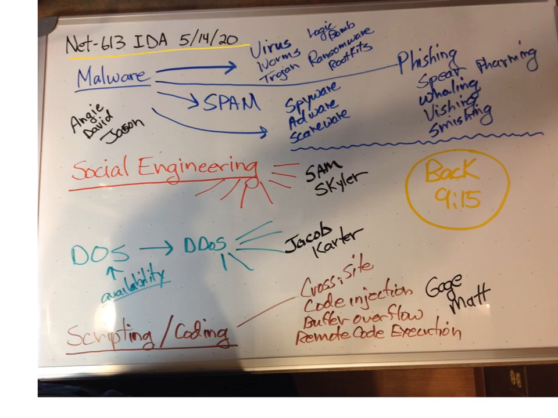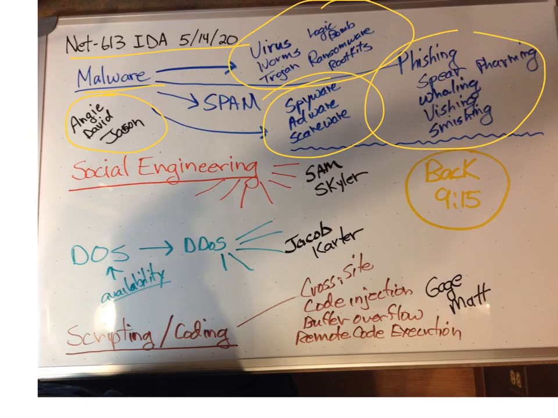Here, what we did was we split up. People did a little research on malware. I'm not going to go through all these terms. These are terms from the curriculum, plus you could add to those with some current information. These, what we should be aware of, basically what all of these are.